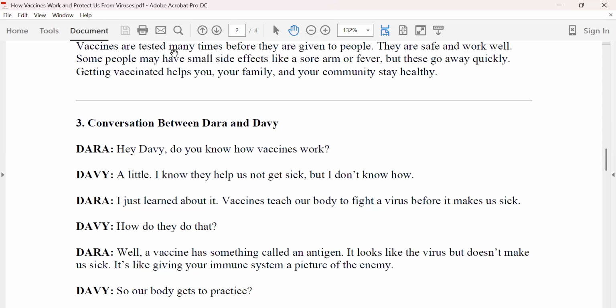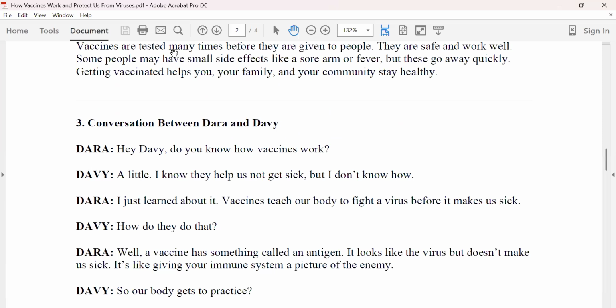Hey Davi, do you know how a vaccine works? A little. I know that it helps us not get sick, but I don't know how. I just learned about it. Vaccines teach our body to fight a virus before it makes us sick.